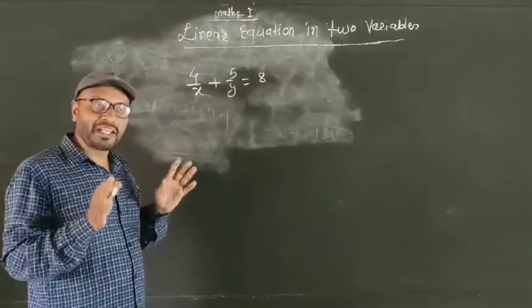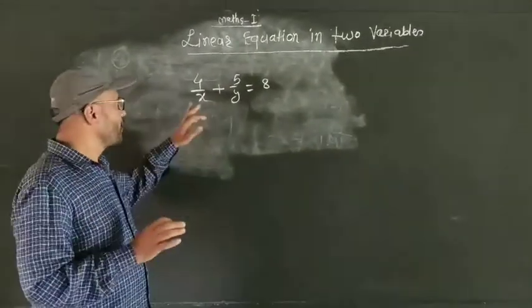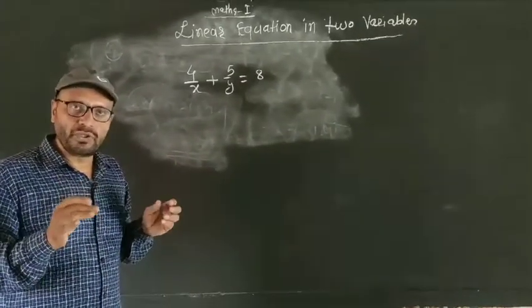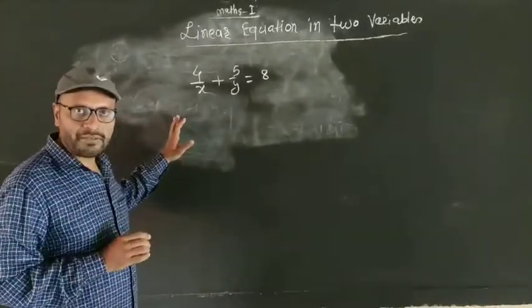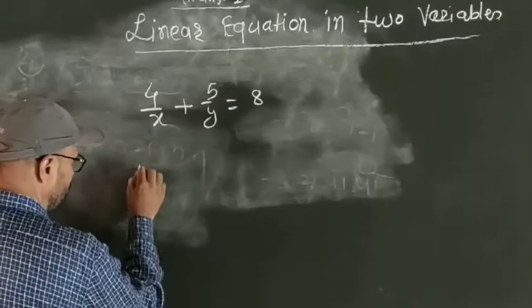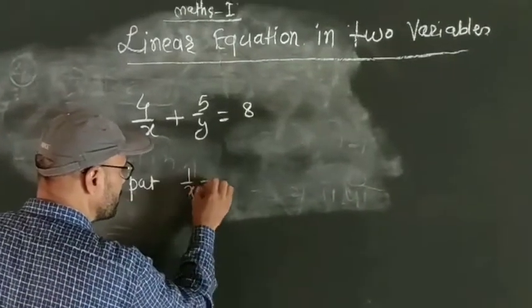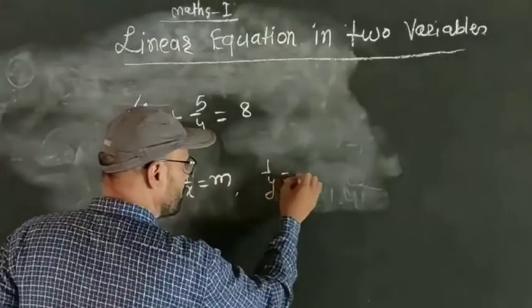Yes, there is one reason: this type of equation can be converted into a linear equation in two variables. How do we convert it? See. Put 1/x = m and 1/y = n.